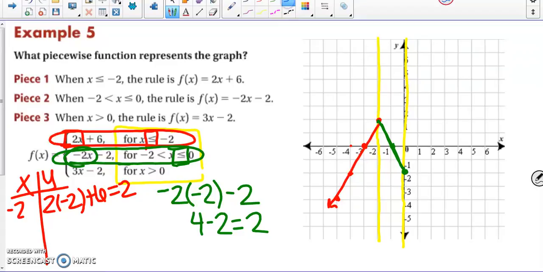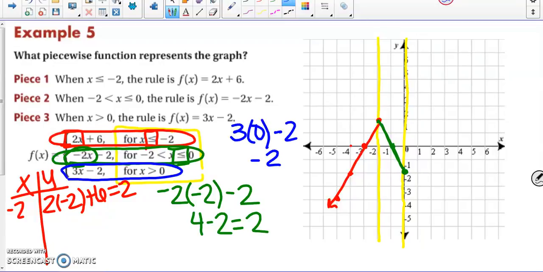Finally, we have our last part of our piecewise function, and we want it to be greater than 0. So once again, figure out where we're starting on our fence. I'm going to plug in 0. 3 times 0 minus 2. That means I have 0 minus 2, which is -2.